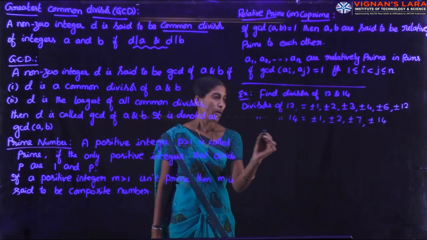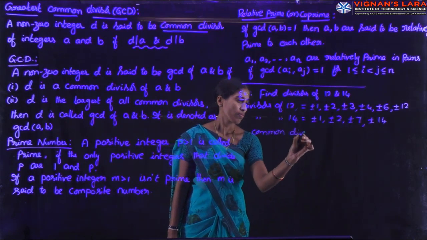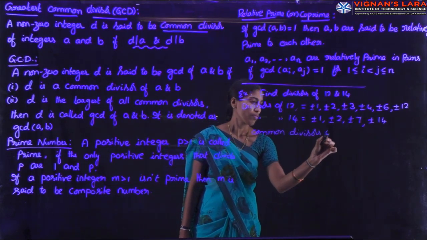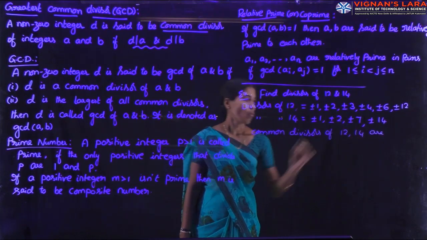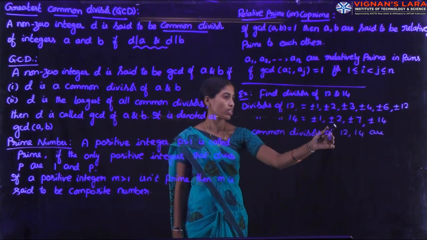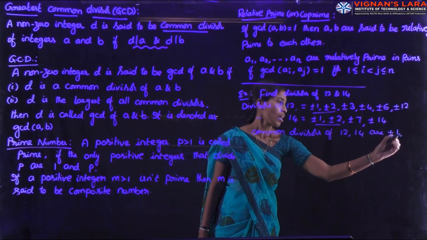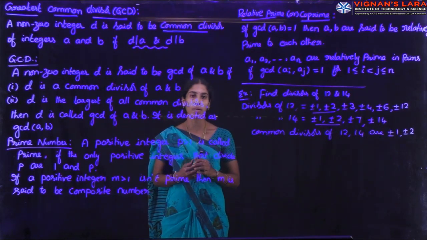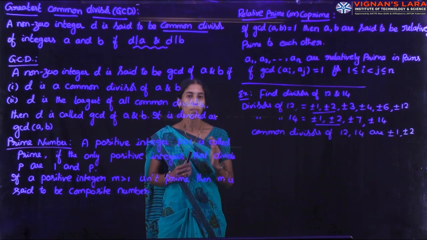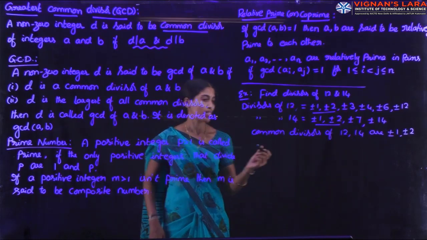Now, what are the common divisors of 12 and 14? If you observe these two, plus or minus 1 and plus or minus 2 are the common divisors: minus 2, minus 1, plus 1, plus 2. Among all the common divisors, what is the largest common divisor?